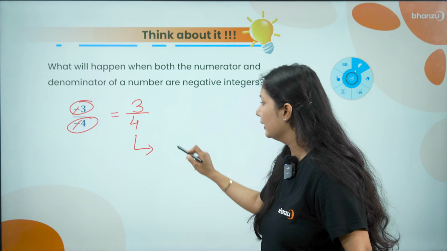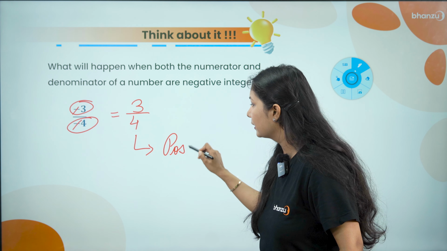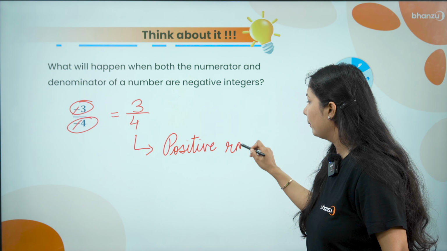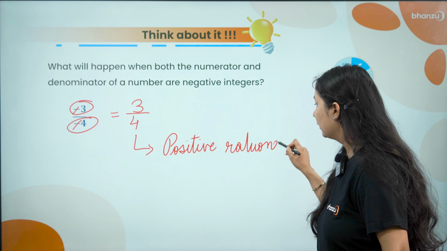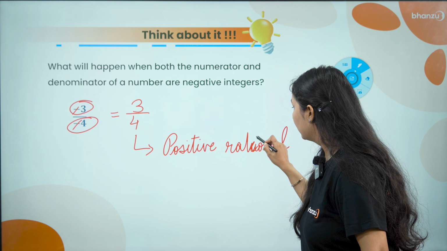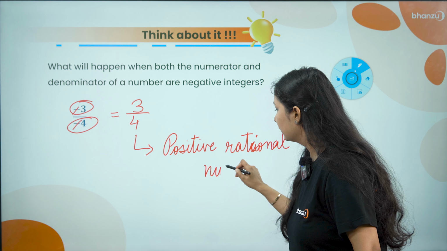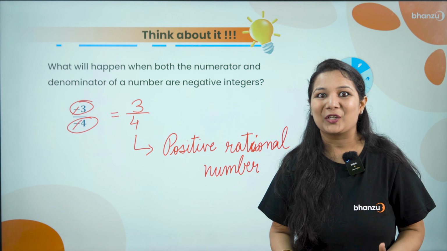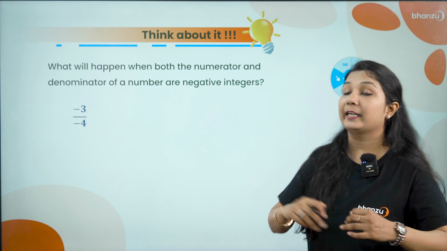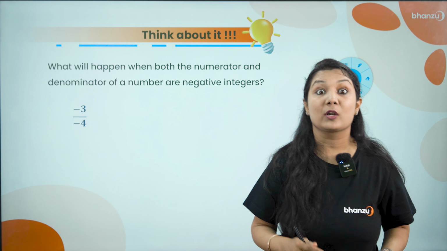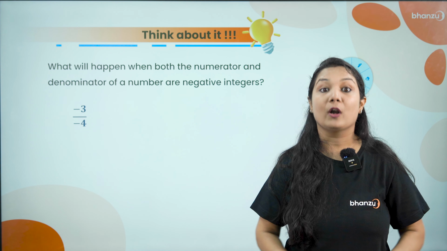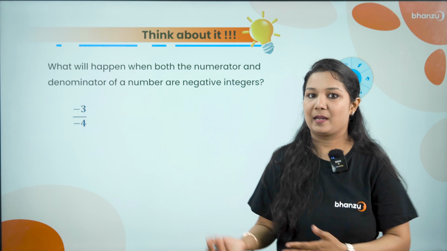So actually, this is also a positive rational number, right? So indirectly we got to know that whether the numerator and denominator both are positive or both are negative, such kind of rational numbers are called positive rational numbers.